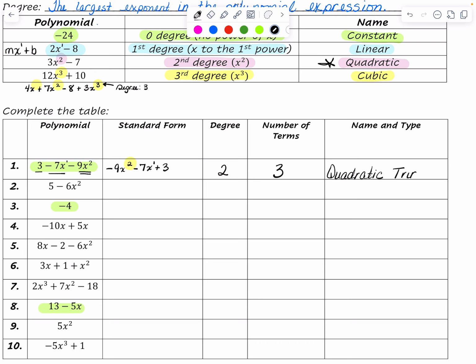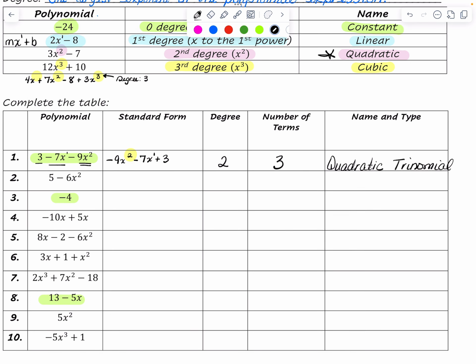All right, let's go on to another example. Now on this one, I have negative 4. Well, there are no other variables or terms that I have to move around. So standard form for this one is just negative 4. The degree on this one, since it does not have an x, it would be like x to the 0 power, but they don't write that. So then our degree is 0.